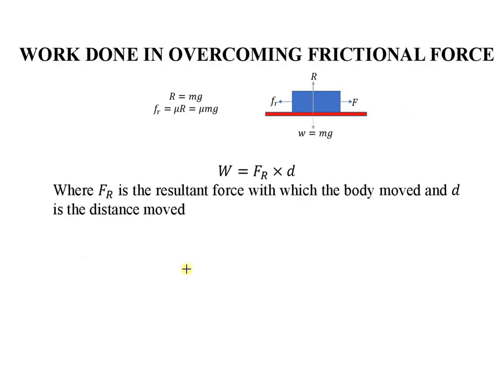Now let's look at work done in overcoming frictional force. First, a force F is applied parallel to the plane. Frictional force opposes motion. So the force that moves the body is called the resultant force, which is the difference between the force applied minus the frictional force.